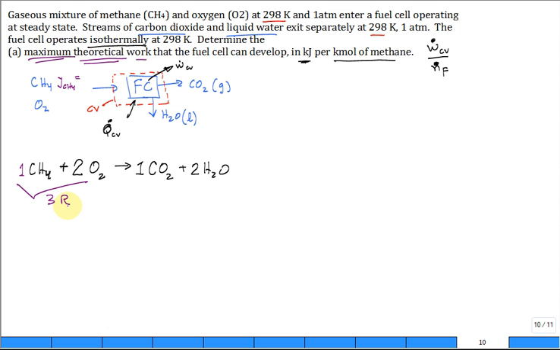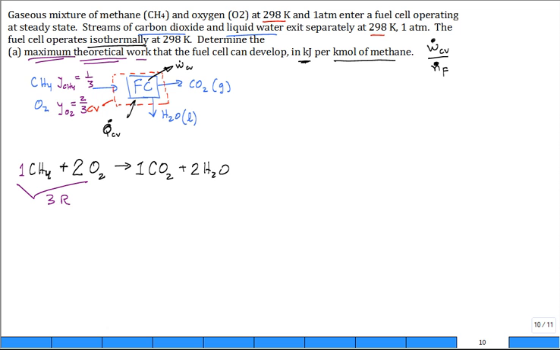And for each 3 moles of the reactants, 1 will be the methane and 2 will be oxygen. So the mole fraction of methane in the reactants is 1 out of 3, and the mole fraction of oxygen in the reactants is 2 out of 3. So 1/3 and 2/3. Okay, good.